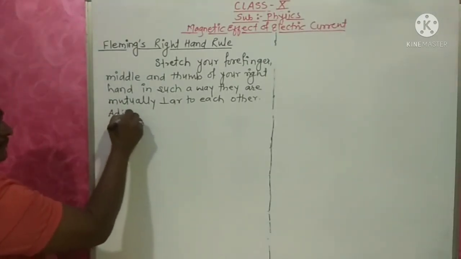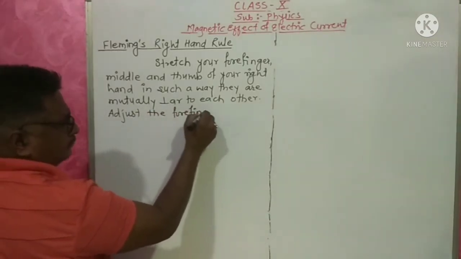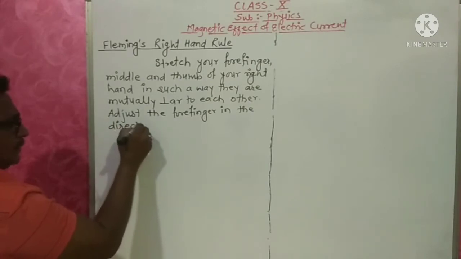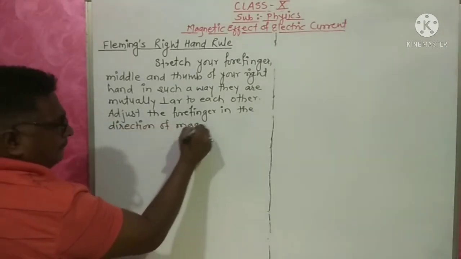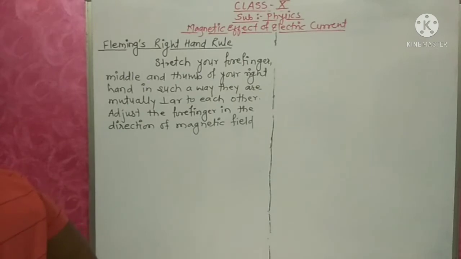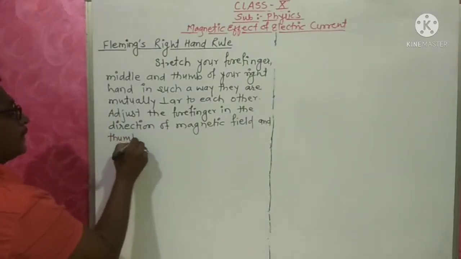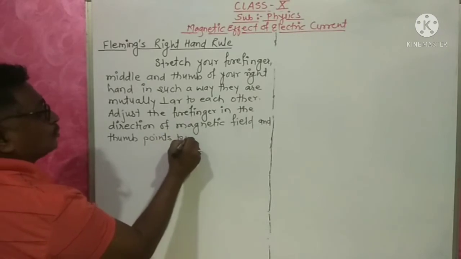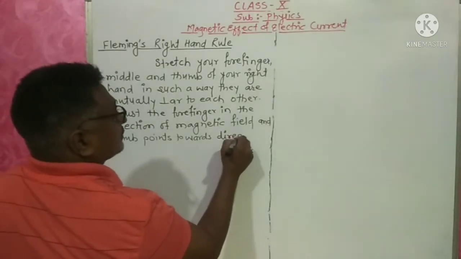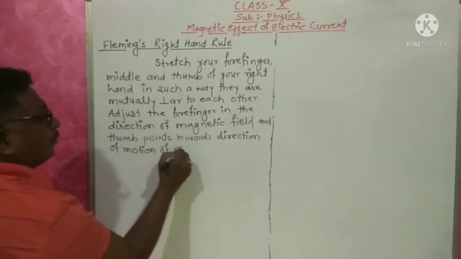Adjust the forefinger in the direction of magnetic field and thumb points towards the direction of motion of conductor.